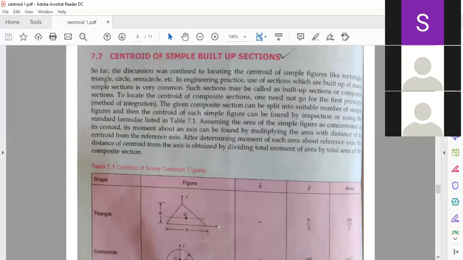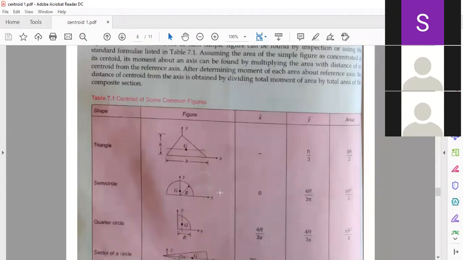With respect to the x-axis, it is h by 3, and the area of the triangle is half b h. For the semicircle, the y-axis is the axis of symmetry, so the centroid lies on that axis. With respect to the x-axis it is 4r by 3 pi, and the area of the semicircle is pi r squared by 2.